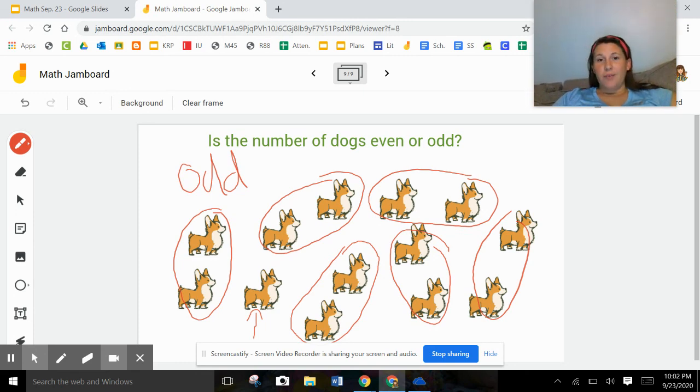It doesn't matter if you draw perfect crowns, you can draw a C for crown or a circle to represent each crown. It doesn't matter as long as you have the same amount that's on the page, and that you find out if each one of them has a buddy or not. If they each have a buddy, it's an even number. If there's an odd man out, an odd one out, nobody likes him, he's all by himself, then it's an odd number.